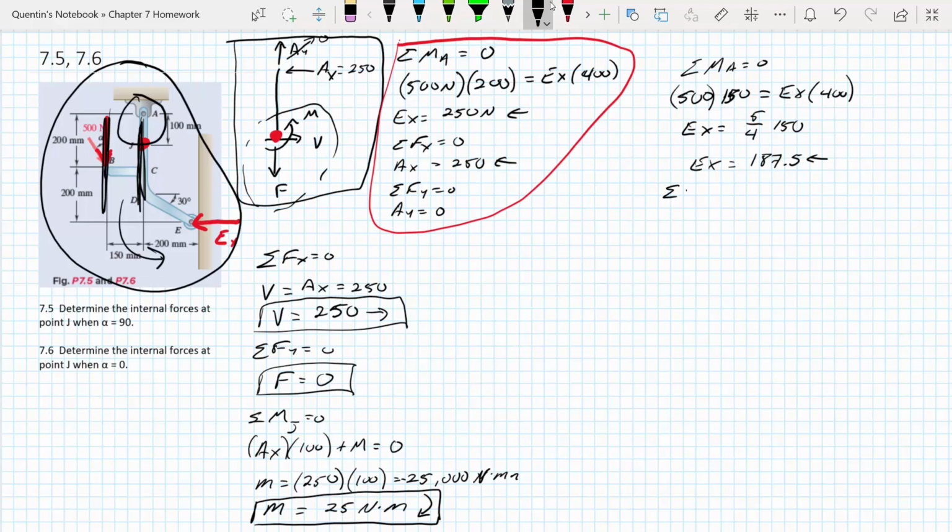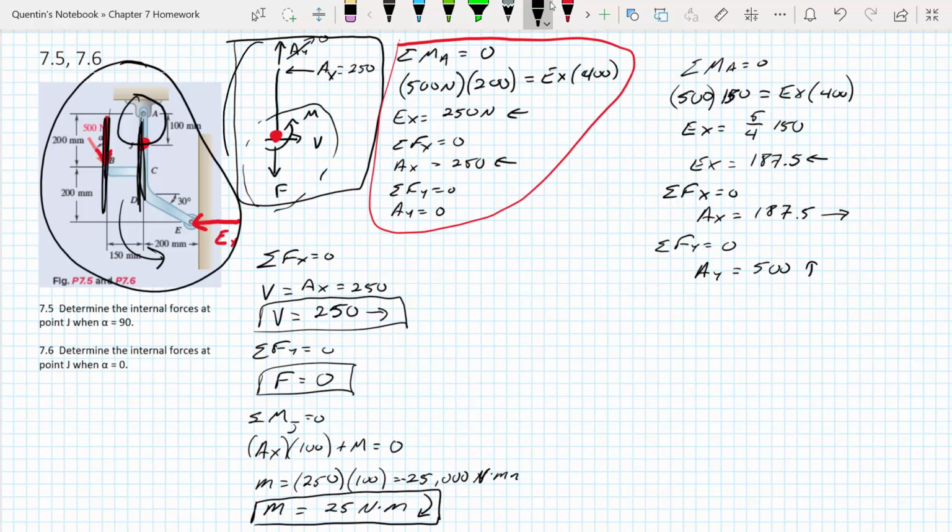So now I'm going to take my sum of forces in X equals 0. And so that's going to tell me that AX, in this case, is going to be 187.5 in that direction. And my sum of forces in Y equals 0 is going to tell me that AY is equal to 500 in that direction. Okay, why does that matter?